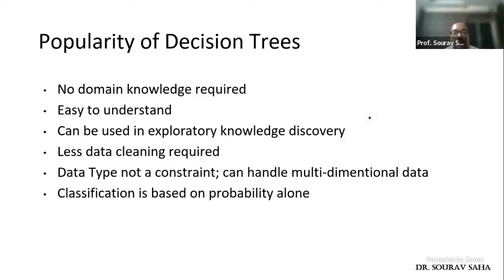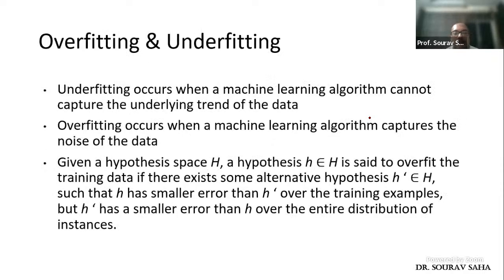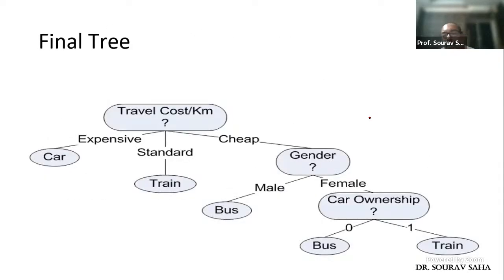So this classification, as I said, is based on the probability alone, and that's the good part. Now comes a very important part: overfitting and underfitting. If we come back here, when we built this particular tree, this part was good and this part was okay.